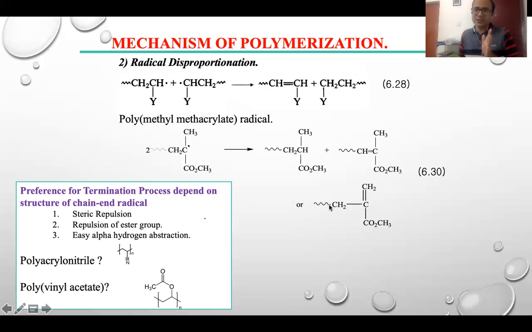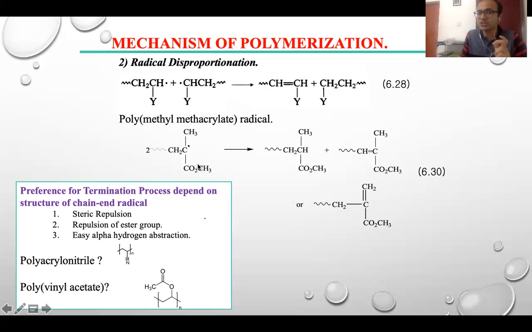Now you might have the question, how will we know whether a particular polymer will be undergoing termination via radical recombination or coupling or via disproportionation? How can we decide? That is actually determined by these factors. Suppose your growing radical is sterically crowded, like in this particular case, polymethyl methacrylate.